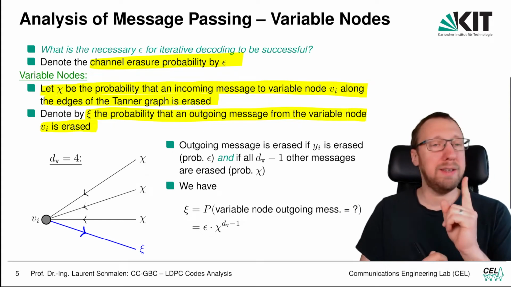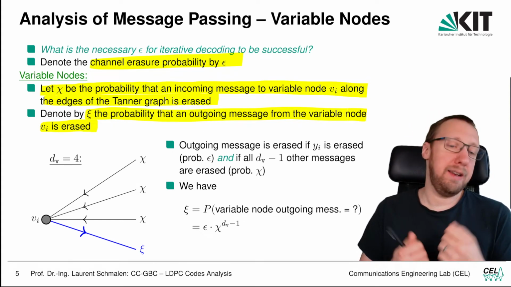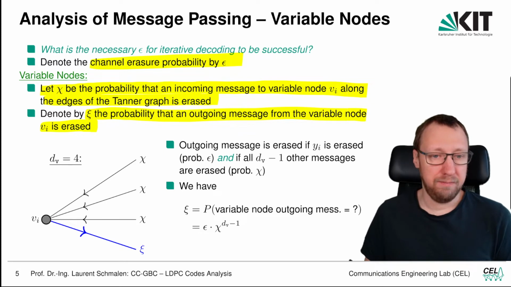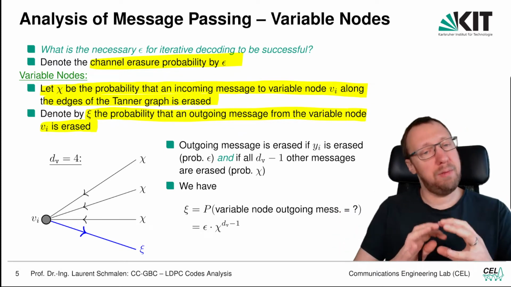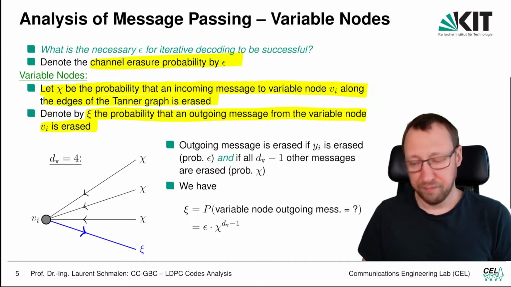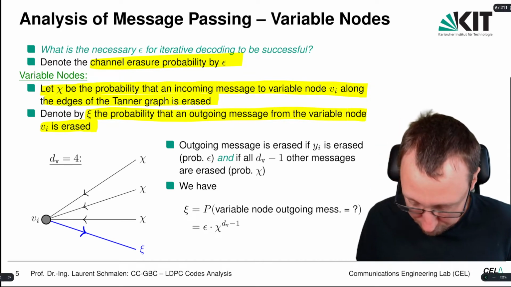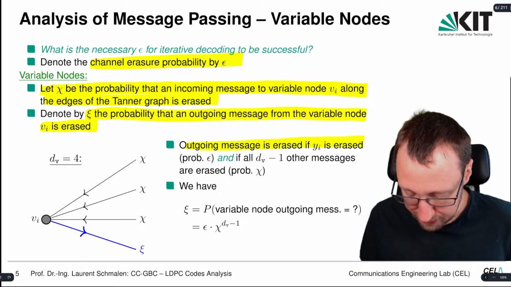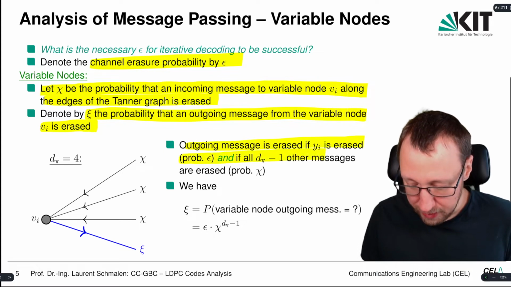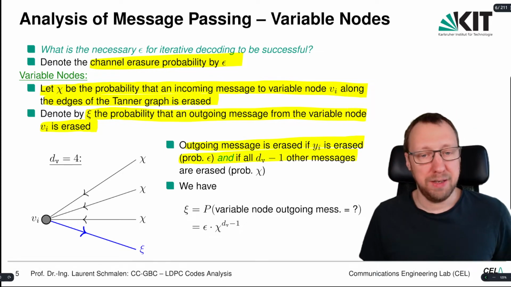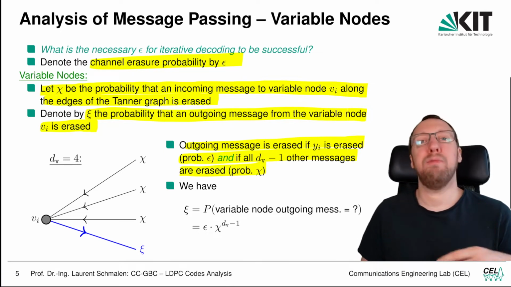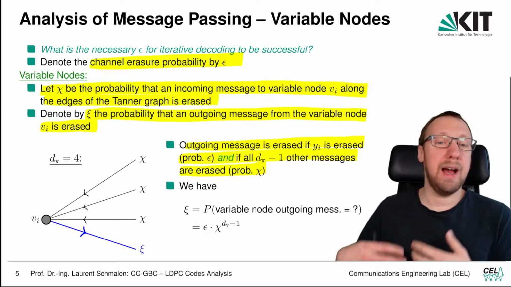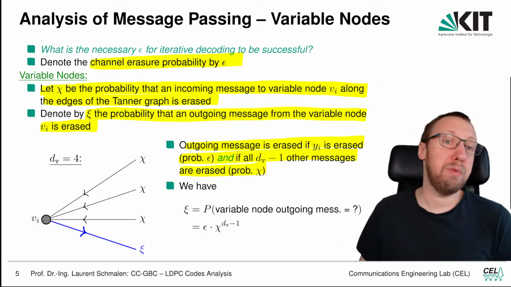So if one is not erased, we are done, and the outgoing message is also not erased. So the outgoing message is erased if everything that's coming into the variable node is erased. So it's erased if yi is erased and all the dv minus 1 incoming messages are erased. So yi is erased with probability epsilon, and the other incoming messages are erased with probability chi.